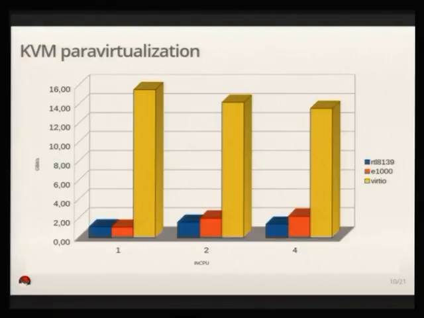The blue bar is some Realtek device, the red one is an Intel interface, and the yellow one is virtio. So we can see with virtio and one vCPU, I was able to get like 16 gigabits per second, which, when compared to some Intel with barely 2 gigabits, is a really big boost.